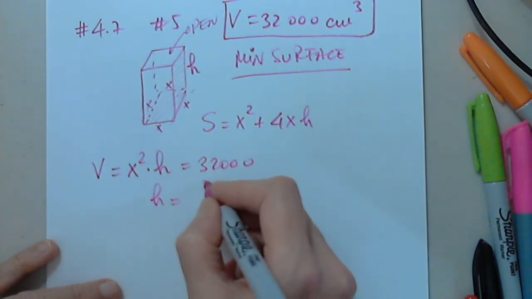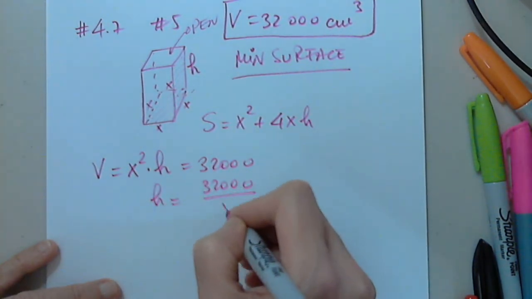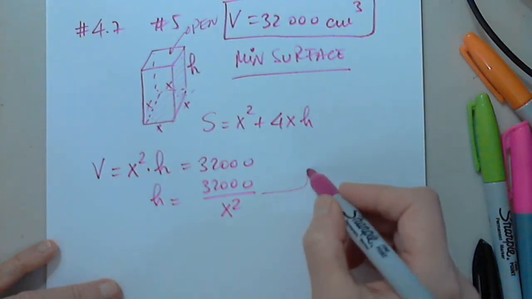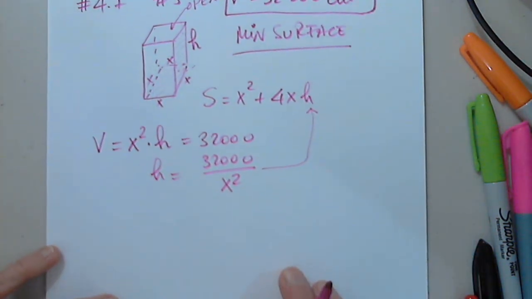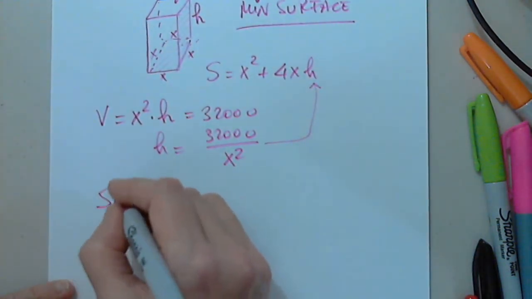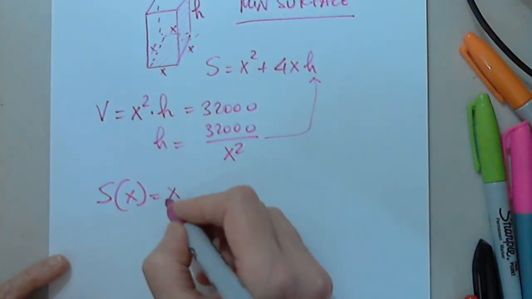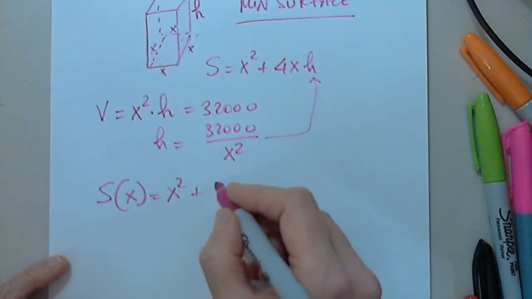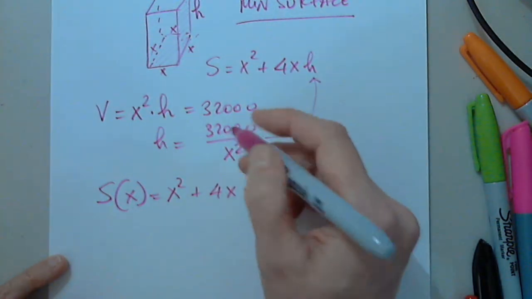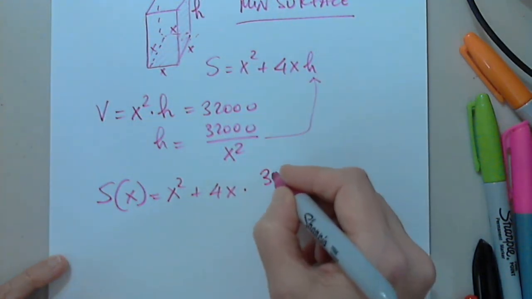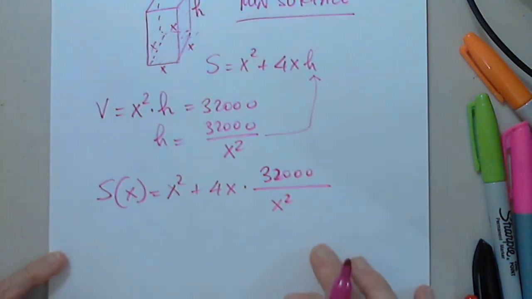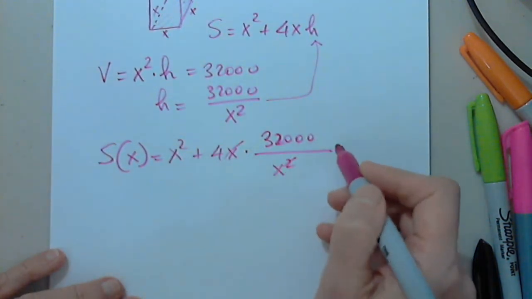So then the height is 32,000 divided by x squared. So I have to plug it in. Now this is a function of x only. So I have x squared plus 4x times 32,000 divided by x squared.